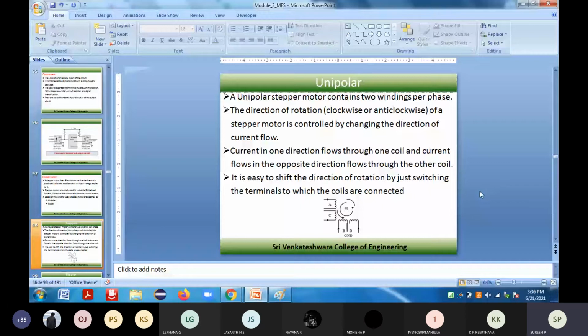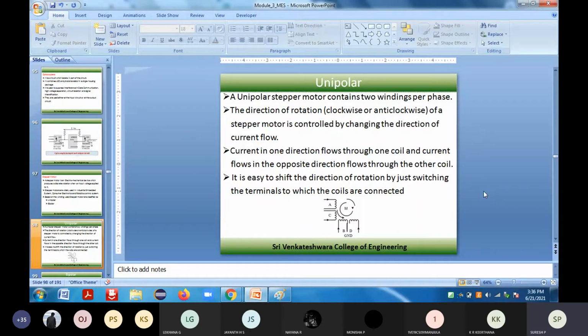All of you studied electromagnetic induction in your physics, I think, in your second PU. So this direction of rotation of a stepper motor is controlled by changing the direction of the current flow. If it has to go in the clockwise direction, the current will be in one direction.